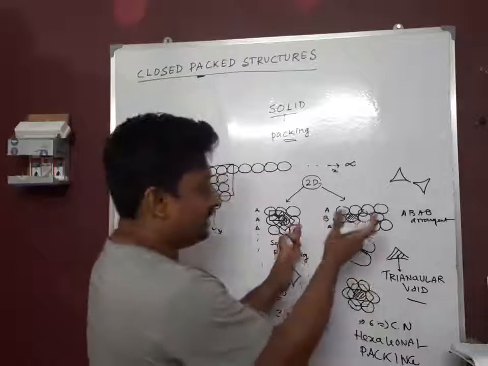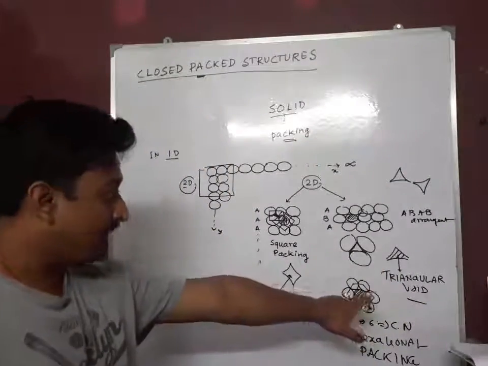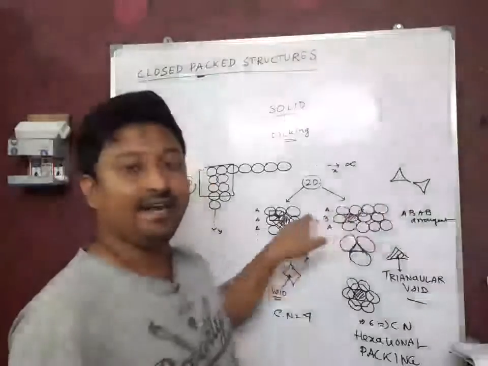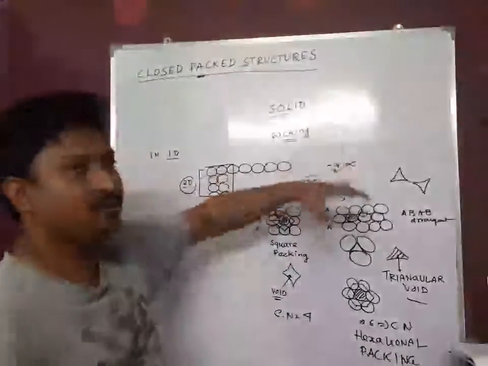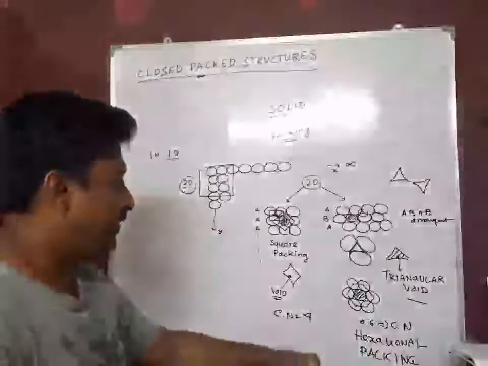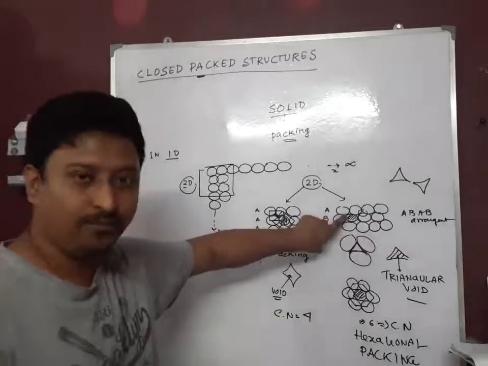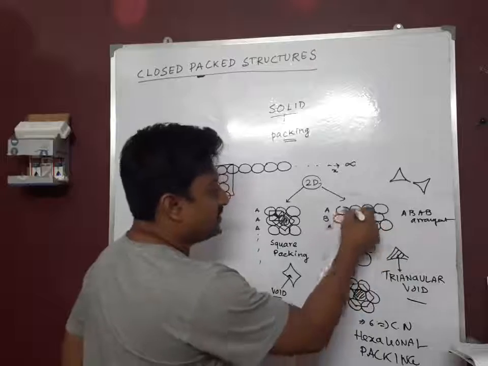In case of this AB arrangement, it has a triangular void, and this triangular void is upside directed in the first row, and in the second row it is downward directed. So it is like an upside-downside kind of arrangement. Now if you think of this as a central atom, then it has 6 neighbors surrounding it.